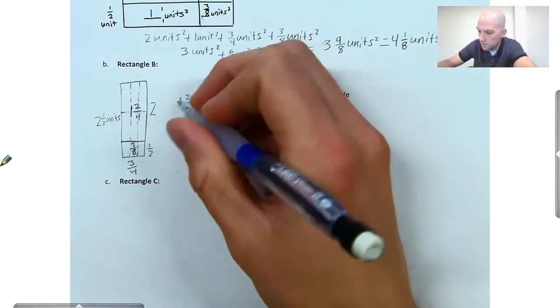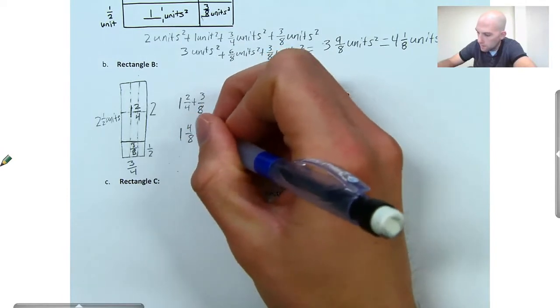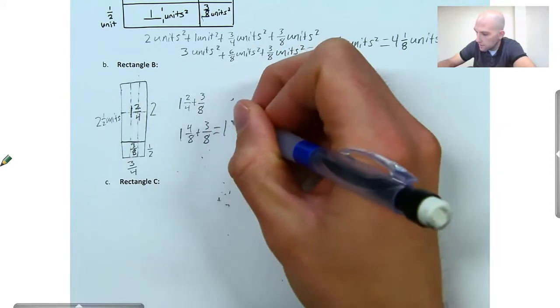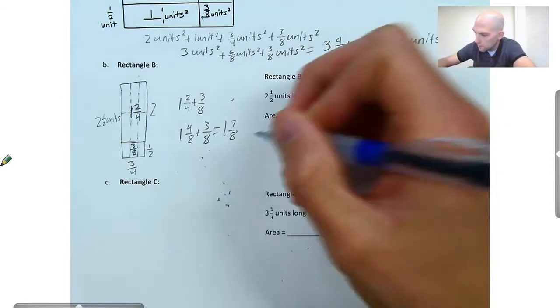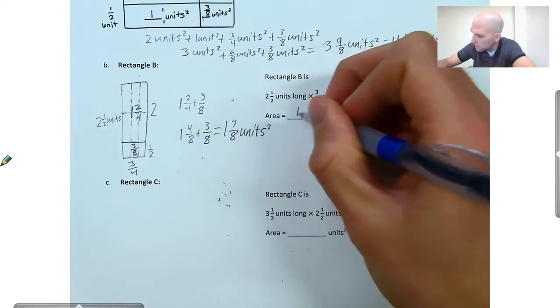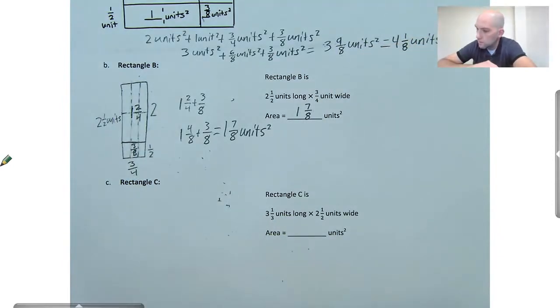Well, 2/4 is the same as 4/8. So we'll have 1 and 4/8 plus 3/8 equals 1 and 7/8. That's in square units. So a rectangle that is 2.5 units long by 3/4 of a unit wide will give us 1 and 7/8 square units for area.